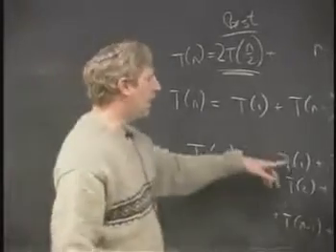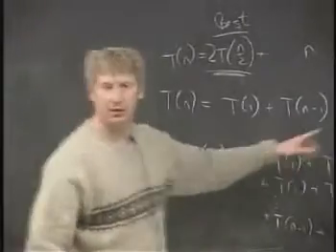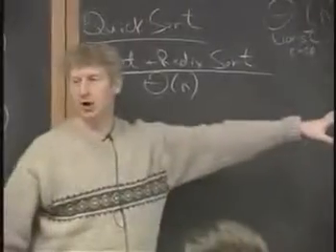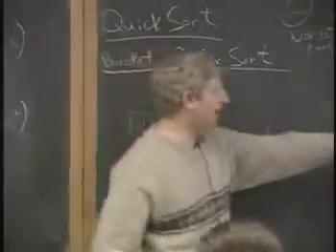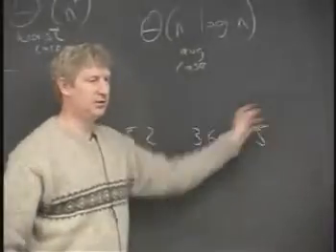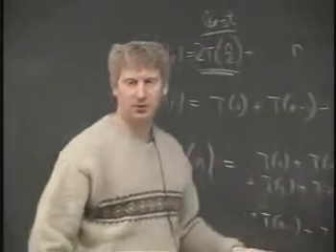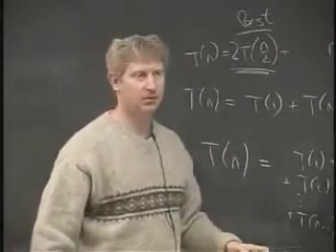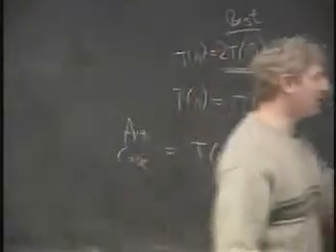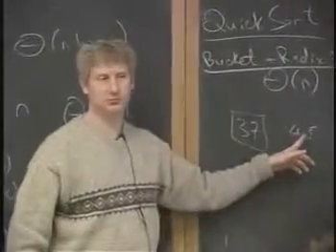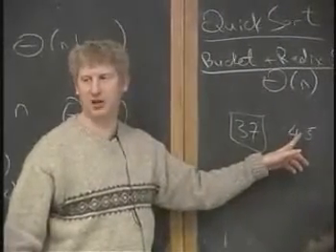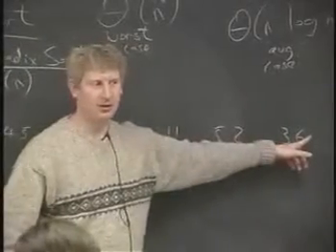OK, so let's see exactly why. If it ends up being in the first spot, we get it split up 1 and n minus 1. And if it ends up being in the last spot, we get it split n minus 1 and 1. But if it ends up being in the second spot, we also get 1 and n minus 1... What if it ends up being in the second spot? Not the second spot. That's 2 and n minus 2. What if it ends up being in the second to last spot? So that's twice.